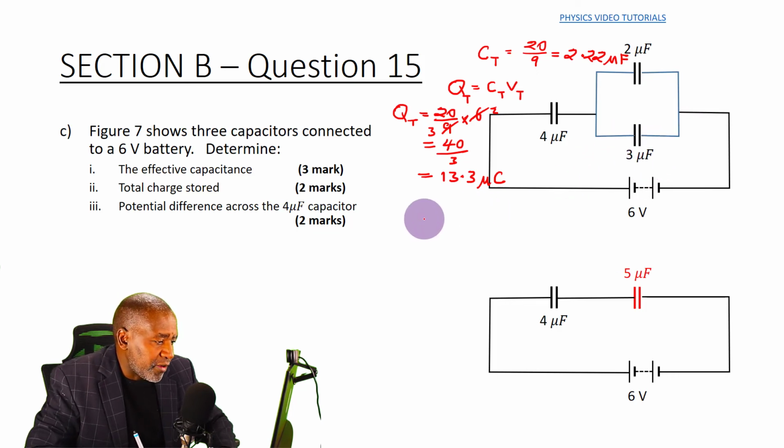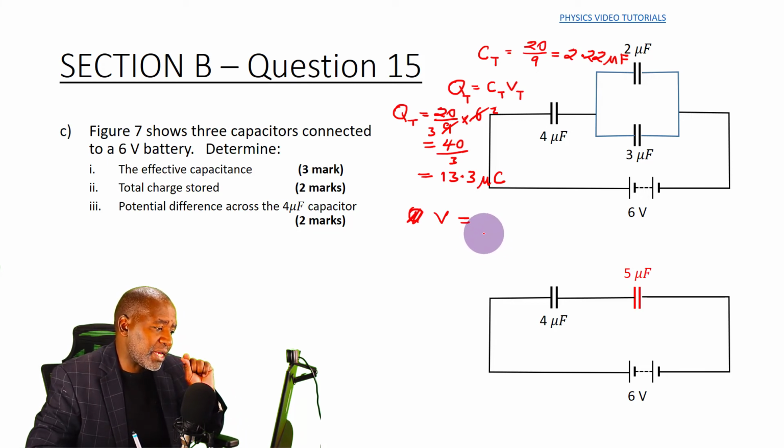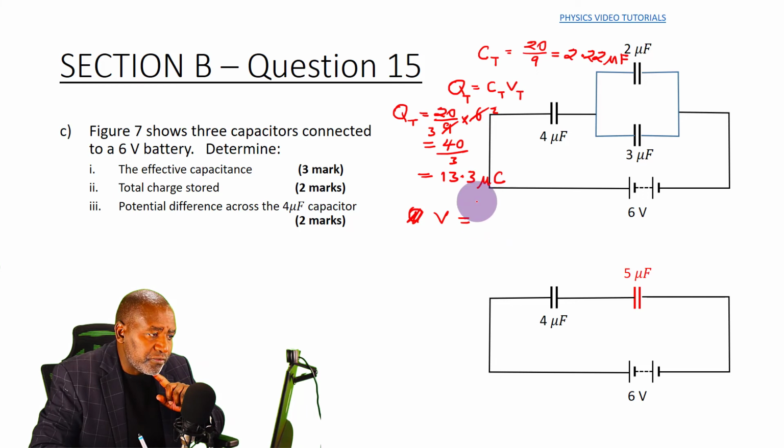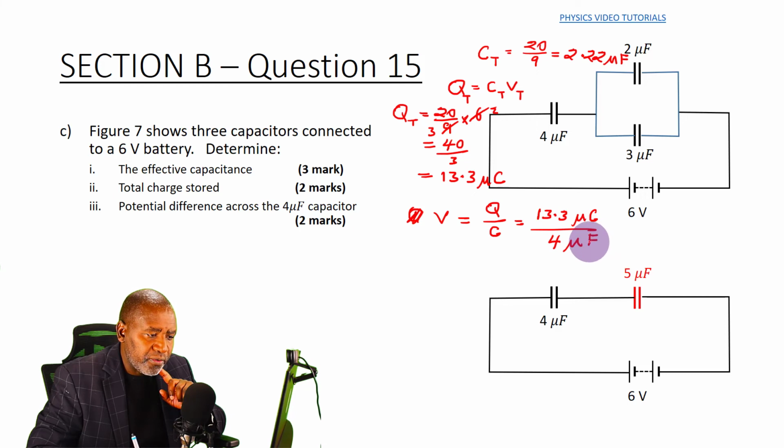So over here, since I now want the voltage, I'm in part 3 now. I want the potential difference across the 4 microfarad capacitor. When I use this equation, V is going to be equal to charge over C. The charge stored there is 13.3 microcoulombs, divided by the capacitance, which is 4 microfarads.